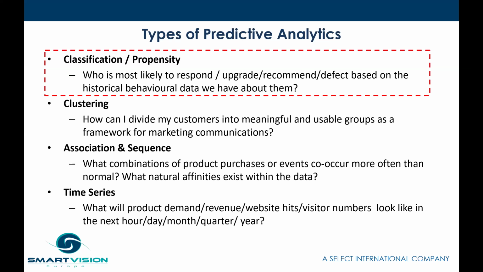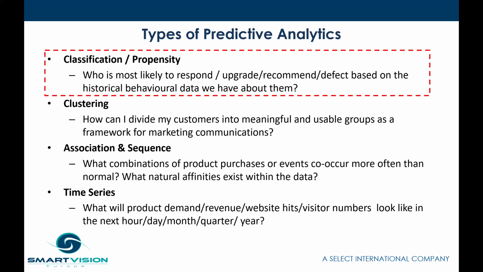And this is very much where decision trees belongs, which is trying to figure out who's most likely to respond to an offer, or who's most likely to defect from a service, or which patients are going to be readmitted to hospital within a certain period of time, or which assets are likely to fail. And we use historical data, of course, to try to model that and create predictions around that.